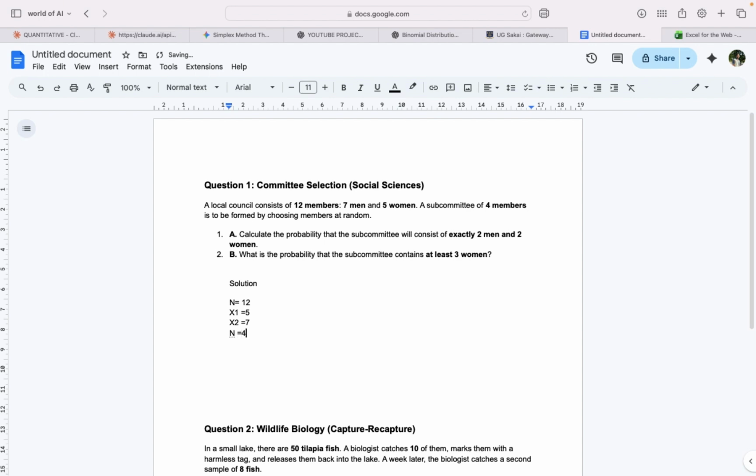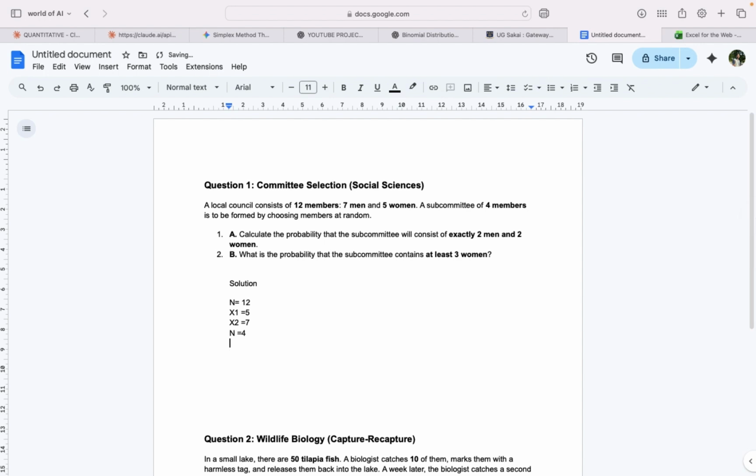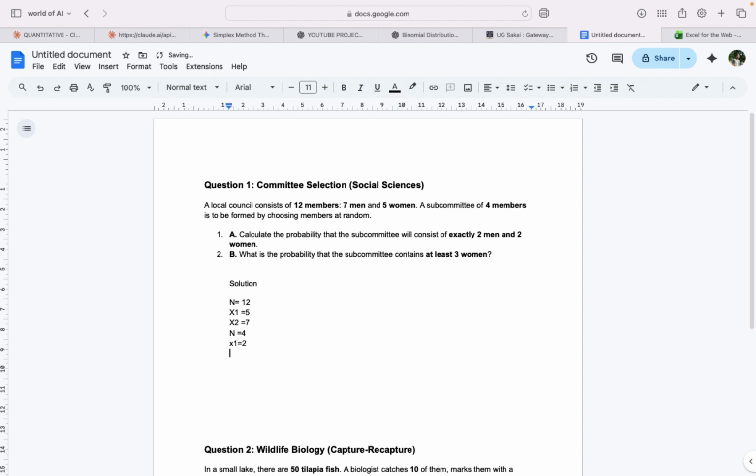And then they are asking that out of this 4, we should calculate the probability that the committee will consist of exactly two men and two women. So this one they share together. So they are saying exactly two men and two women. So that will be our small x. So let's make our x1 to be the women, so two women and two men.